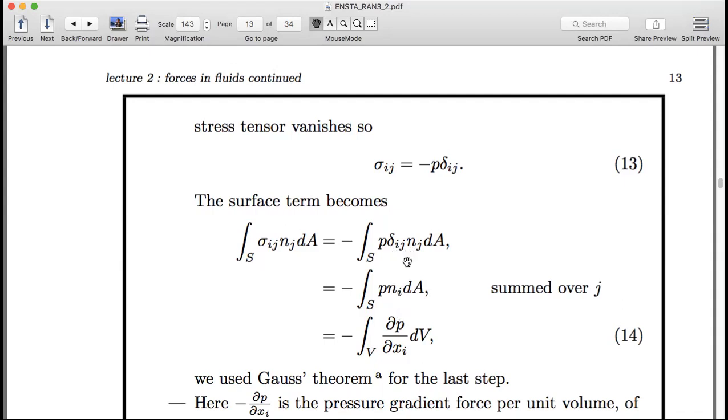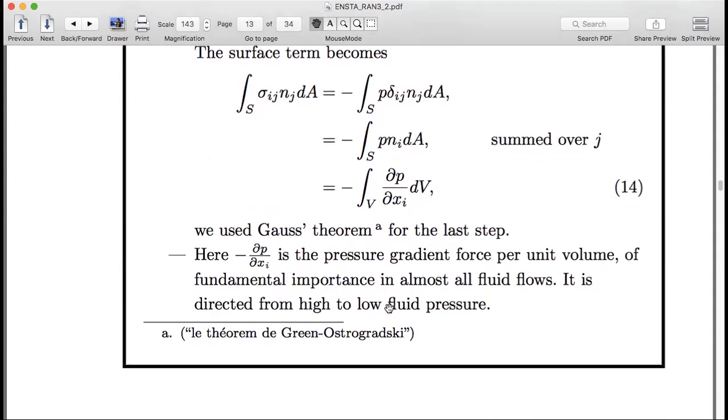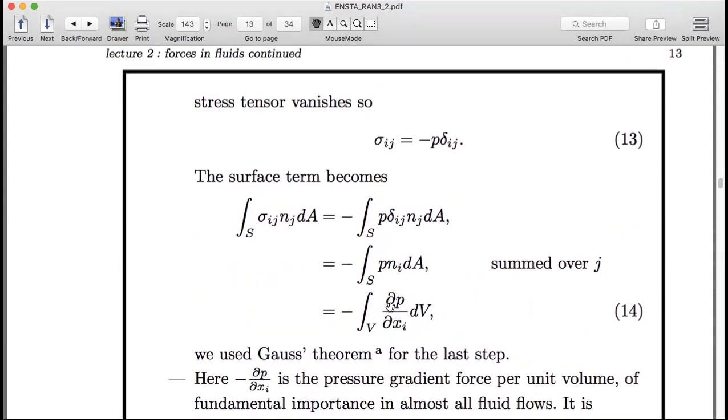So now this sum becomes ni, and then in the last step here, I have replaced an integral over the surface of the pressure times this normal vector, or unit vector normal to the surface, with the volume integral over the volume V enclosed by the surface S, with the derivative of this integrand here with respect to xi, the component in the direction of the normal.